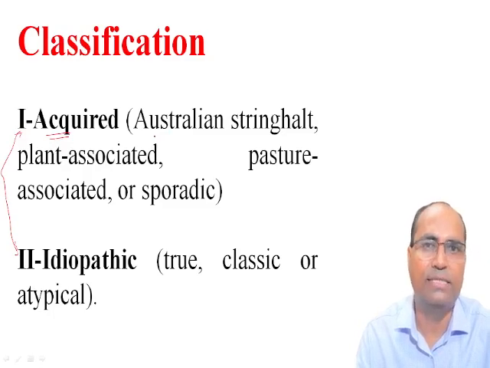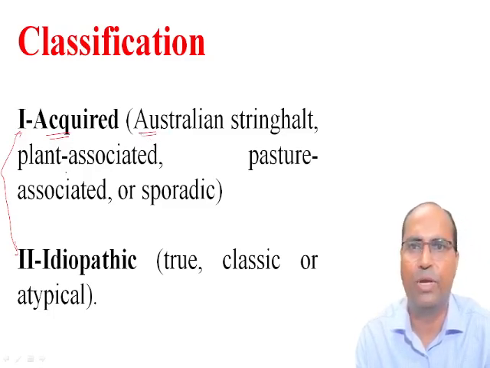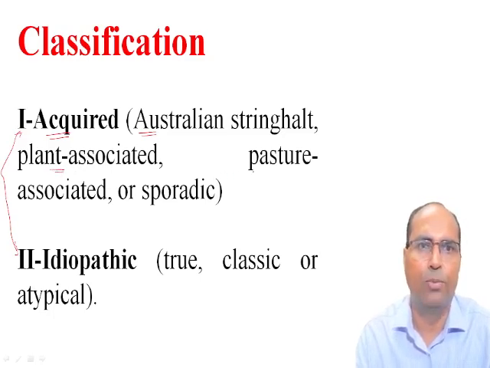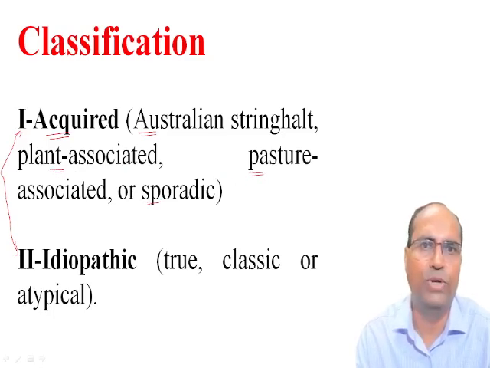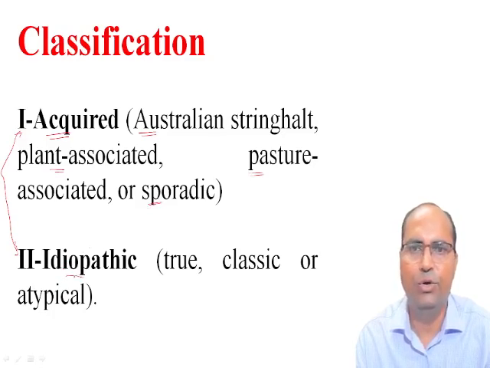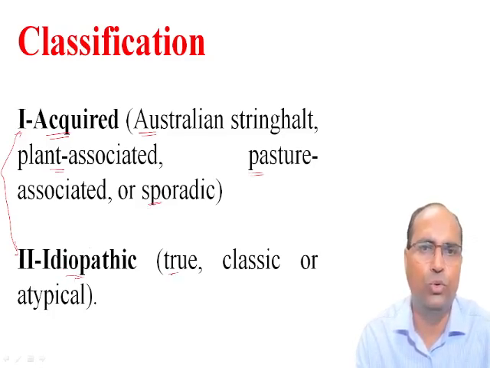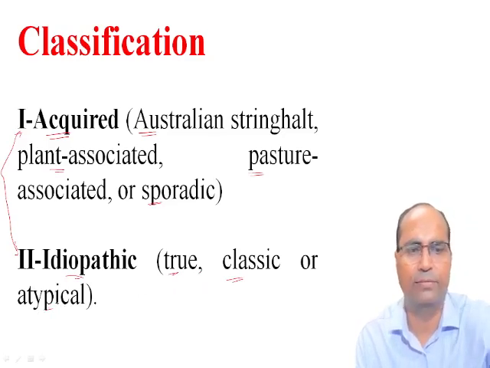Acquired Stringhalt is also known as Australian Stringhalt, plant associated Stringhalt, pasture associated Stringhalt, or sporadic Stringhalt. Second one is idiopathic Stringhalt, that is also known as true Stringhalt, classic Stringhalt, or atypical Stringhalt.